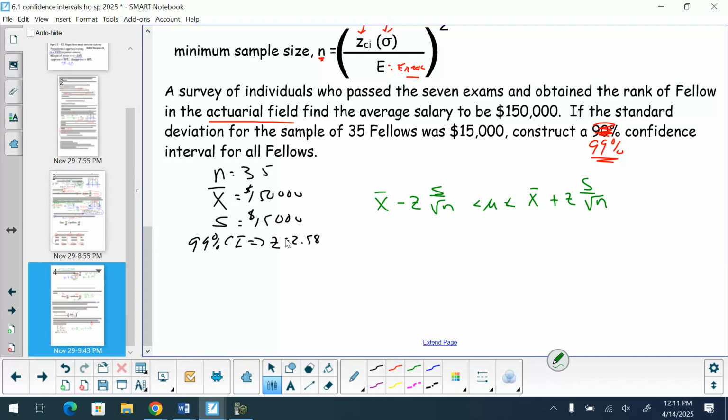So we can plug in our numbers. $150,000 minus 2.58 times standard deviation of 15,000 divided by square root of 35. The population mean is going to be less than $150,000 plus 2.58 times $15,000 divided by square root of 35.